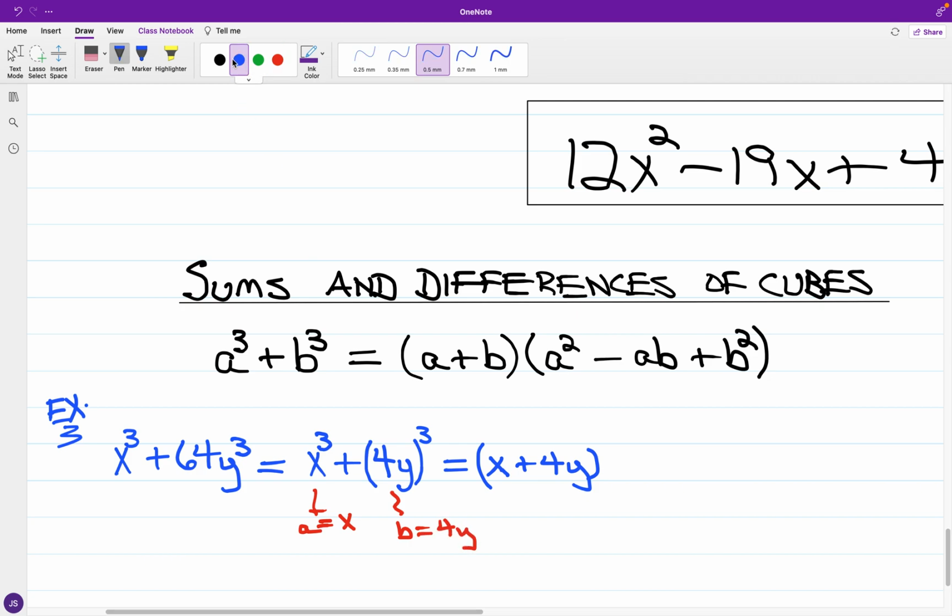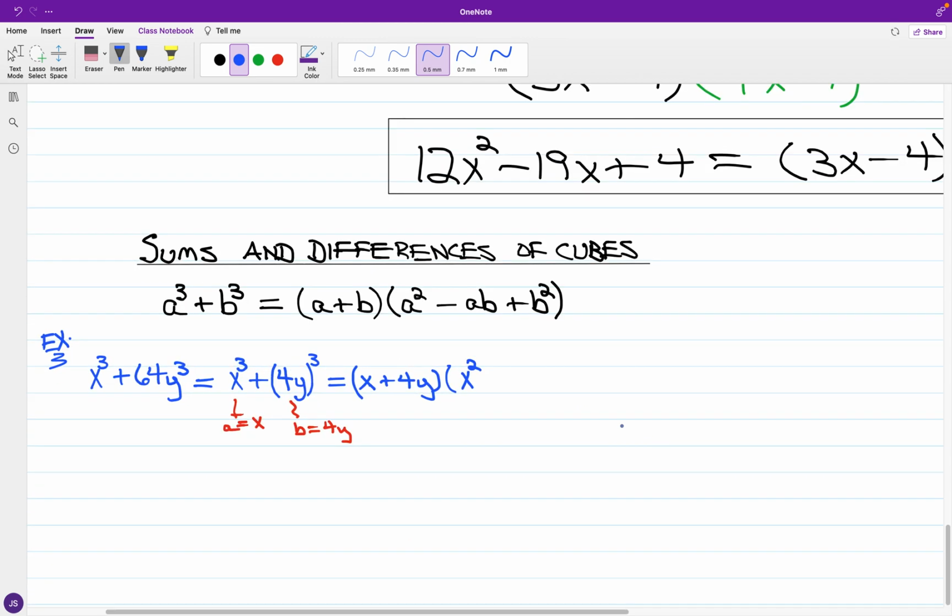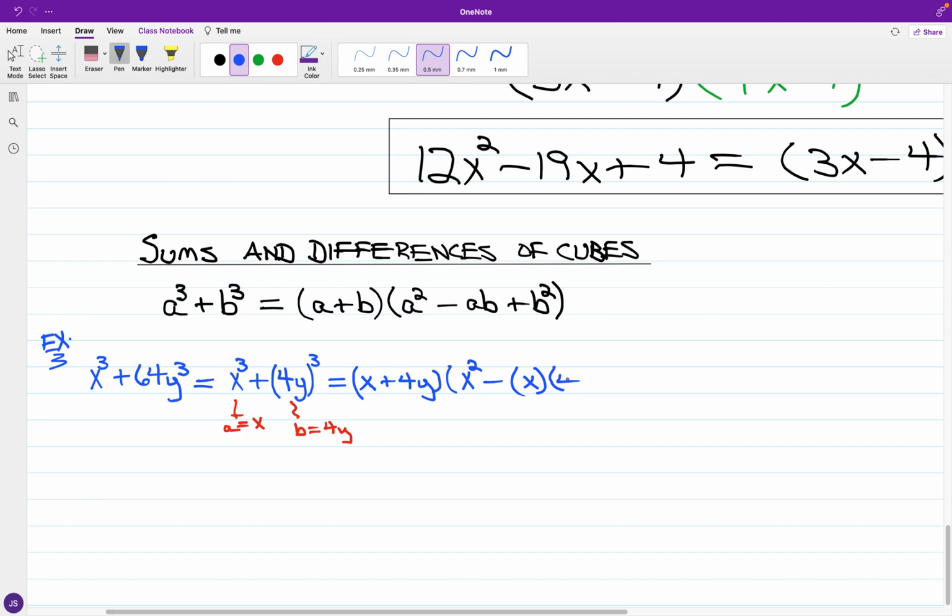So just taking a bit of an auxiliary approach. For a plus b, we have x plus 4y. Now for a squared, we got x squared, and minus a times b, so the product of x and 4y. And for b squared, we got 4y, which is going to be squared.